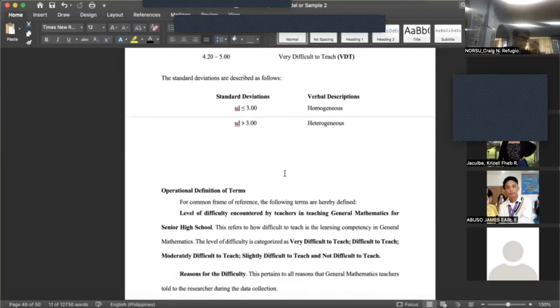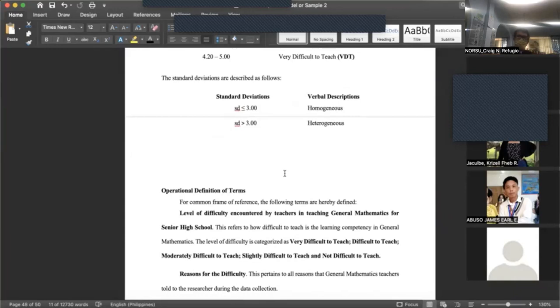So for example, we look at the level of difficulty encountered by teachers in teaching general math for senior high school. Commonly, when I see the definition of terms, they define the terms individually. They define level, they define difficulty, they define teaching.